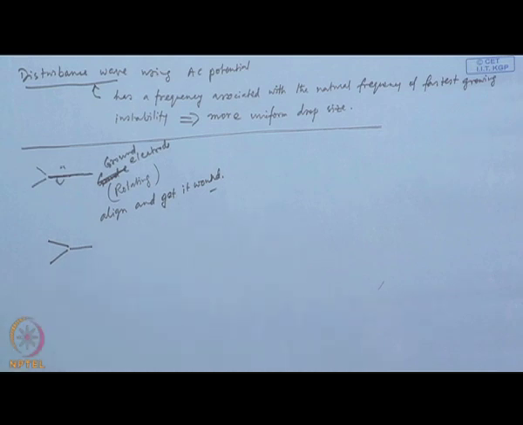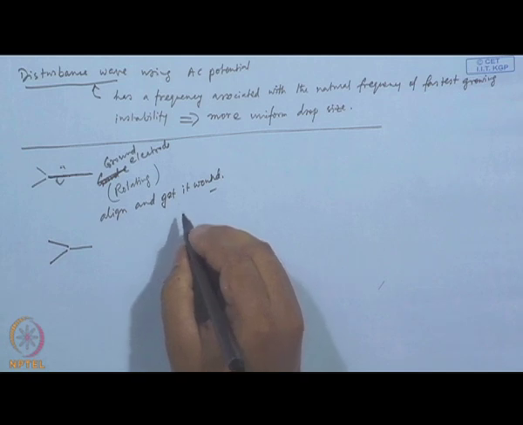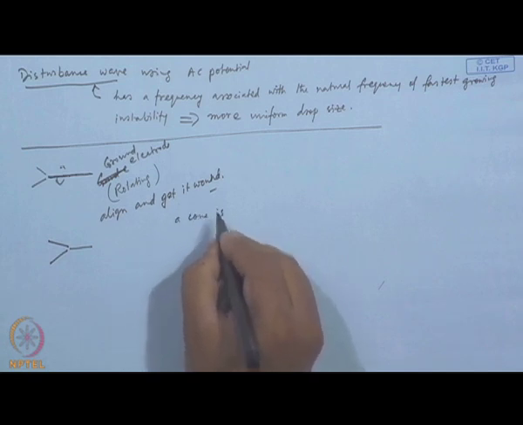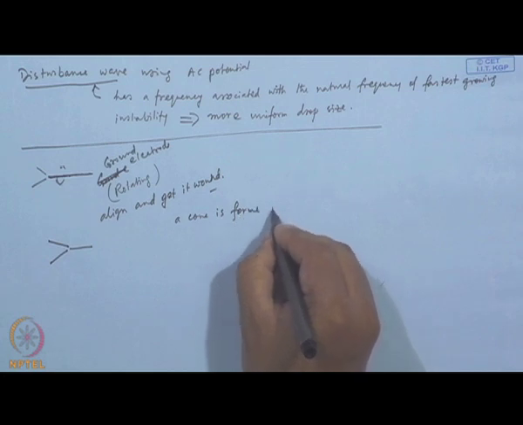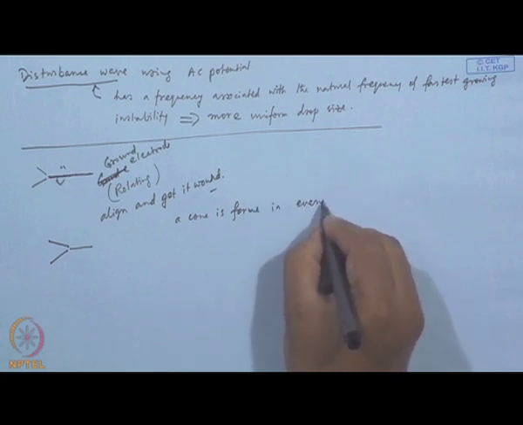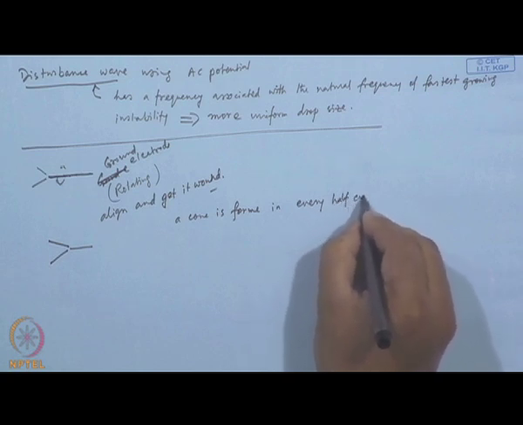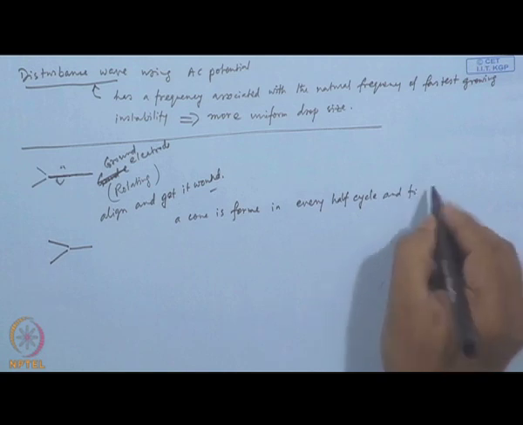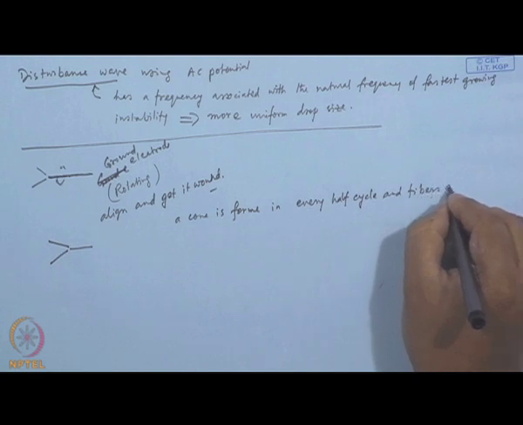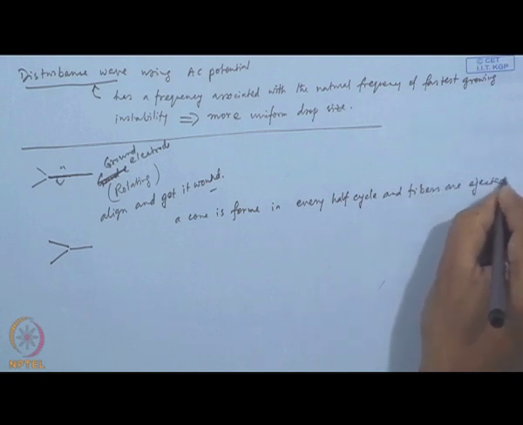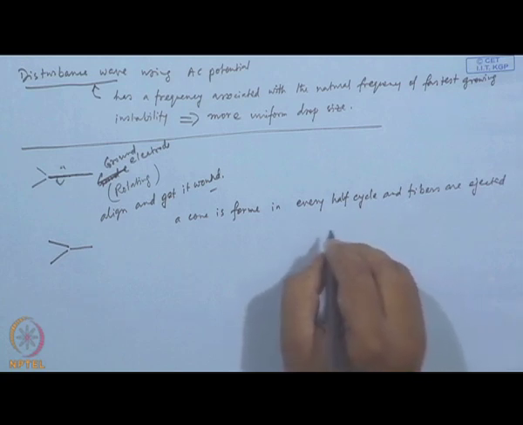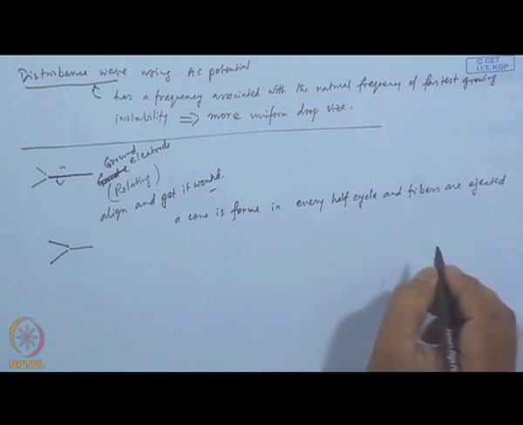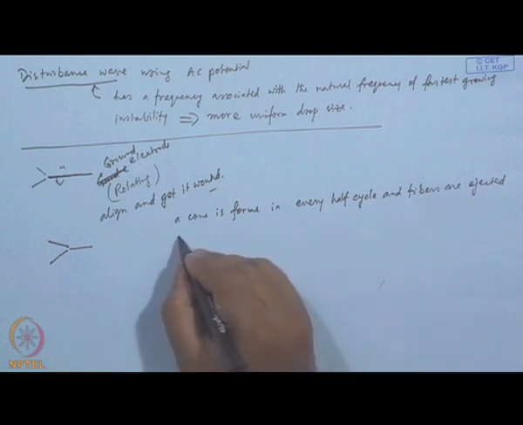If I try to write this down, a cone is formed in every half AC cycle, and then fibers are ejected intermittently.